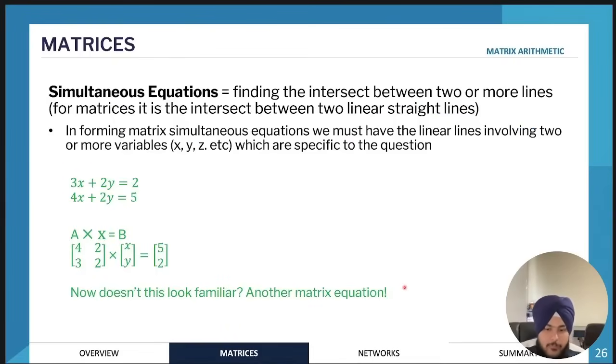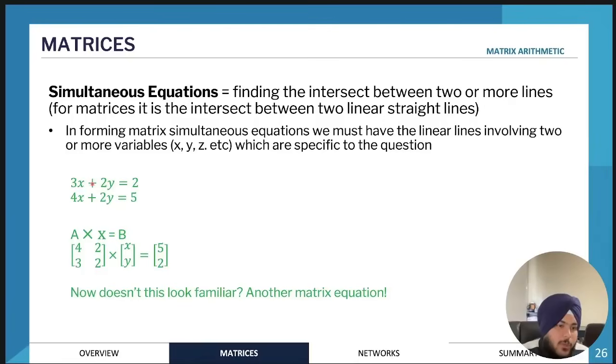Okay. Next, we also have simultaneous equations. This doesn't really appear that often on the exam, but sometimes there will be situations where you will have to formulate simultaneous equations. You probably would have seen simultaneous equations before, but essentially they are equations involving two different variables.